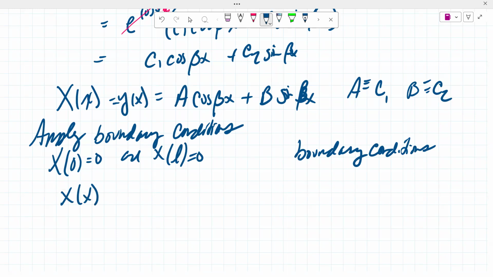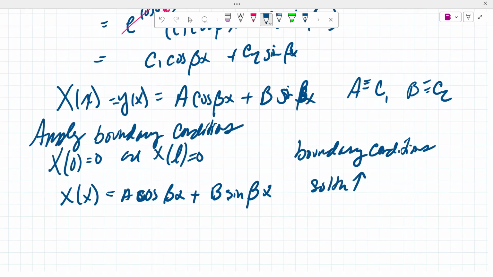X of x, so we're going to take our solution from above, a cosine beta x plus b sine beta x. Notice this has both beta and b in it, so this is the solution from above.